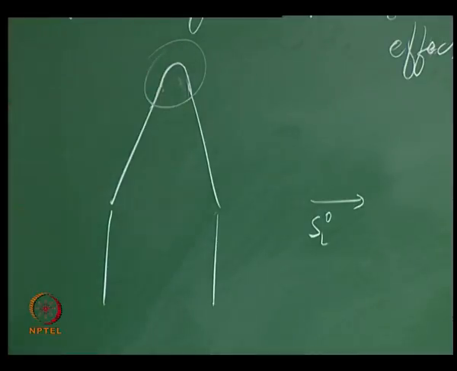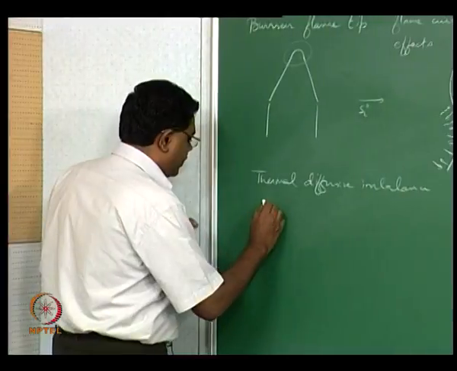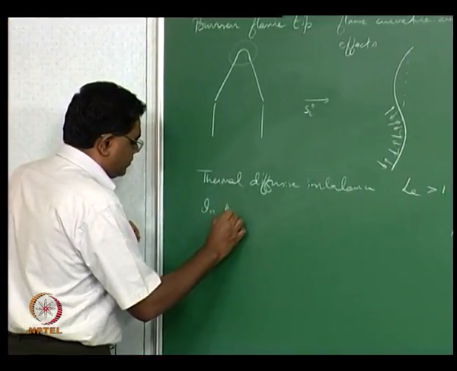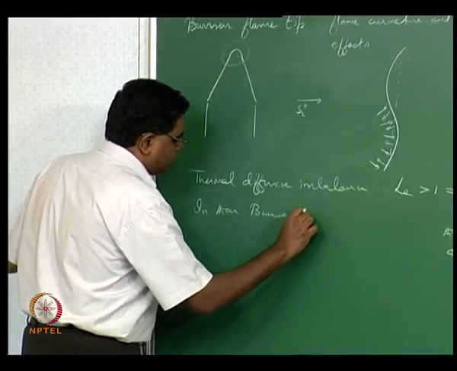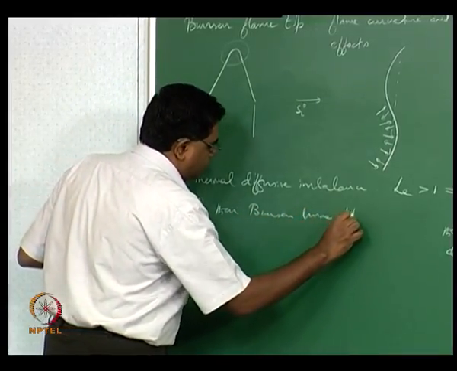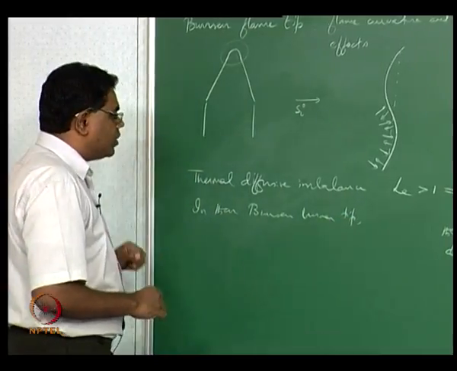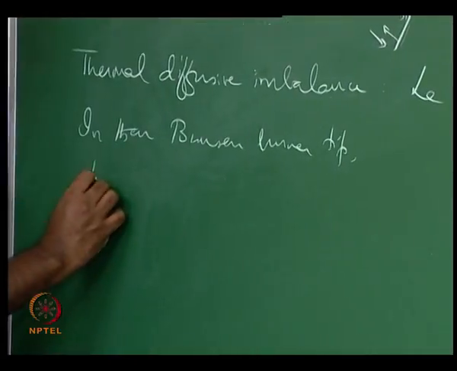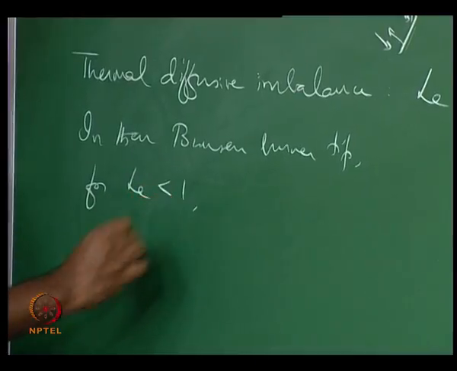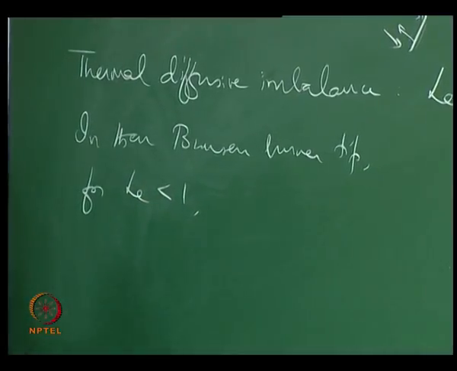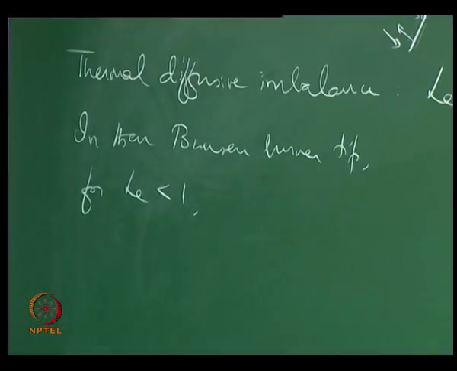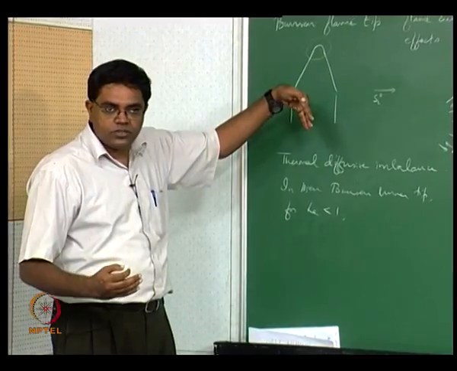But in the Bunsen burner tip for Le less than 1, you now have a greater extent of deficient species depletion happening when compared to the extent of upstream heat conduction.